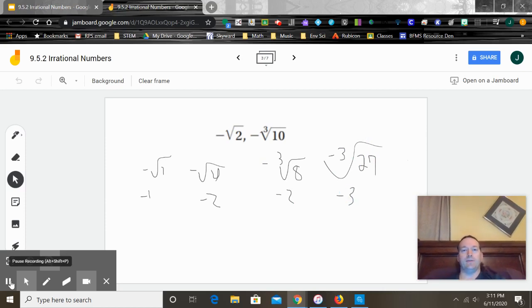So the negative cube root of 10 is between negative 2 and negative 3. The negative square root of 2 is greater than the negative cube root of 10, because something between negative 1 and negative 2 is greater than something between negative 2 and negative 3.